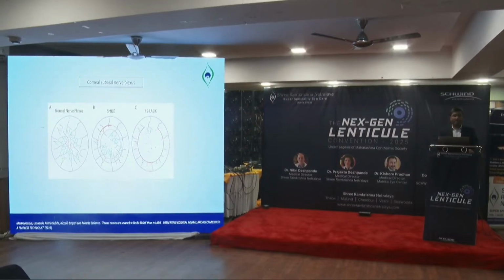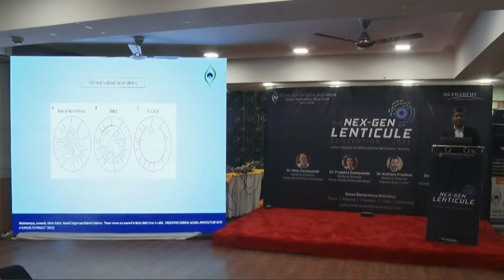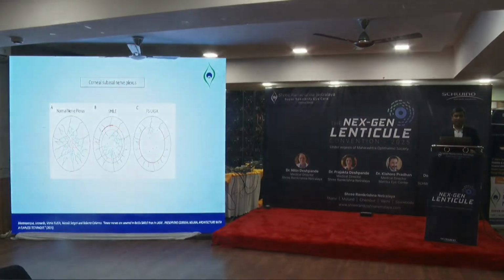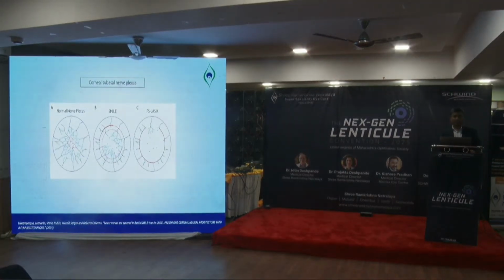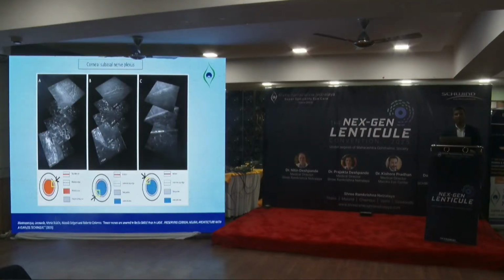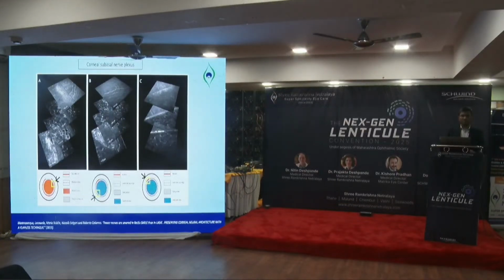Whereas in SMILE, as we are seeing, at the edge of the cap most of the subbasal nerve plexus is preserved. However, at the site of the side cut incision, that is the 2 to 3 millimeter incision, the nerve plexus is reduced. This is well demarcated in confocal microscopy. In the first top panel, just observe, this is after the LASIK procedure, in which there is a clear demarcation at the flap cut.